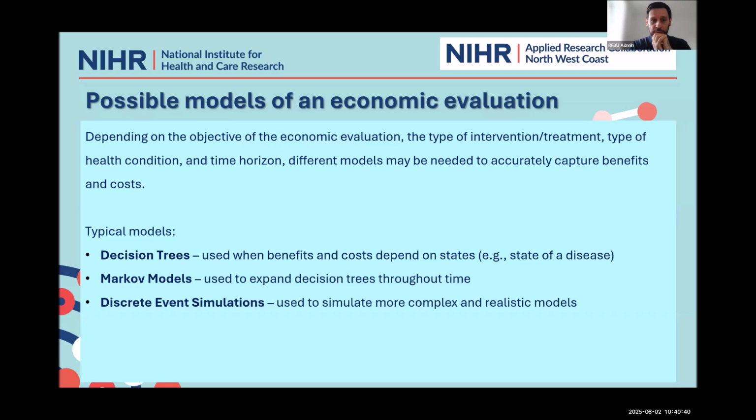It's often useful to start with a decision tree and then add a bit of complexity to that. Then we will look at the Markov model, which is a more complex extension to decision trees. And then an alternative to Markov models is discrete event simulation, where we are trying to, again, add more complexity and make the model a bit more realistic.